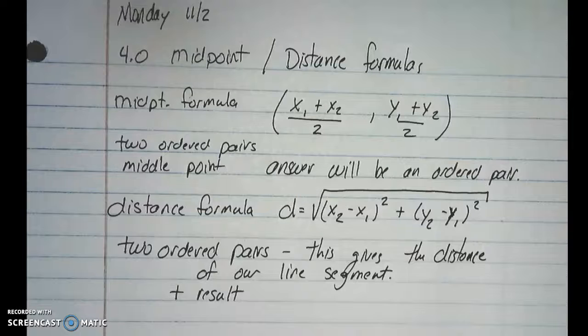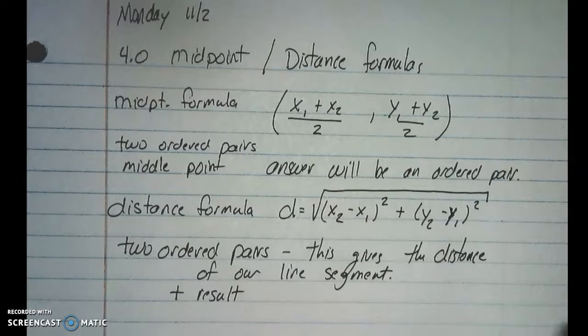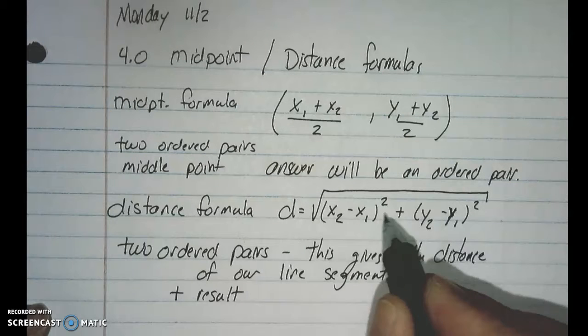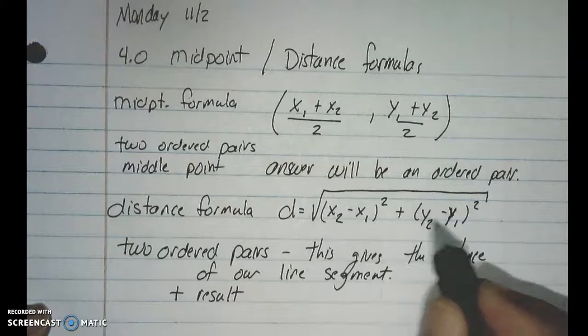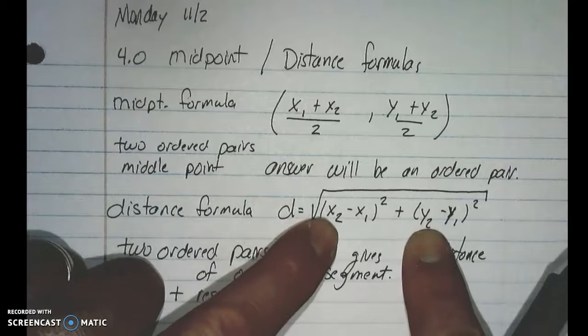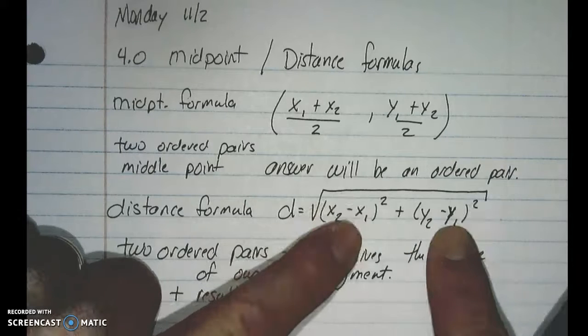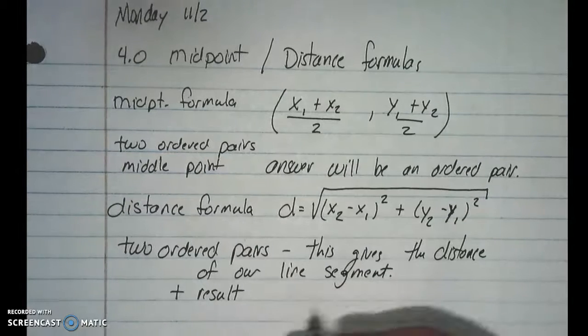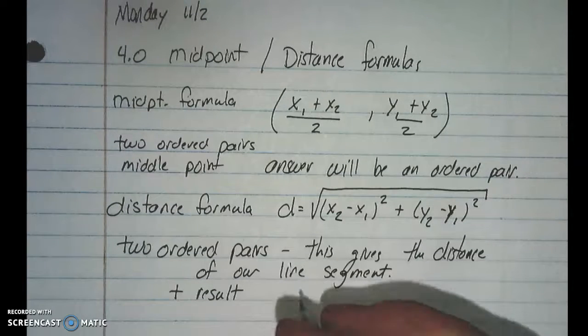It doesn't matter when you're given the 2 points which one's y2 or x2, just as long as you keep them in order. So if this is your ordered pair, they're going to be x2, y2. And then the other ordered pair is going to be x1, y1. Okay?